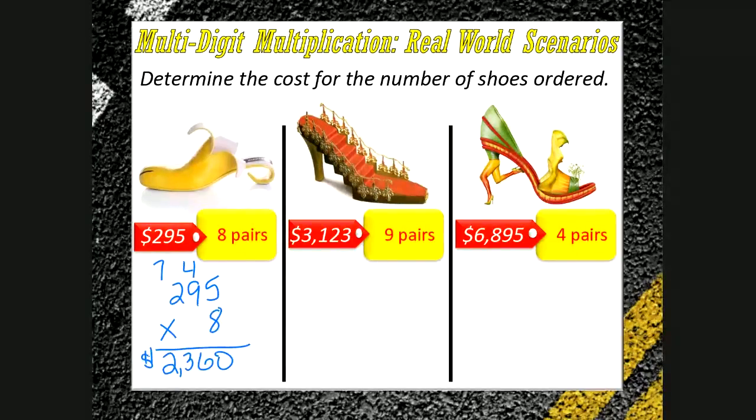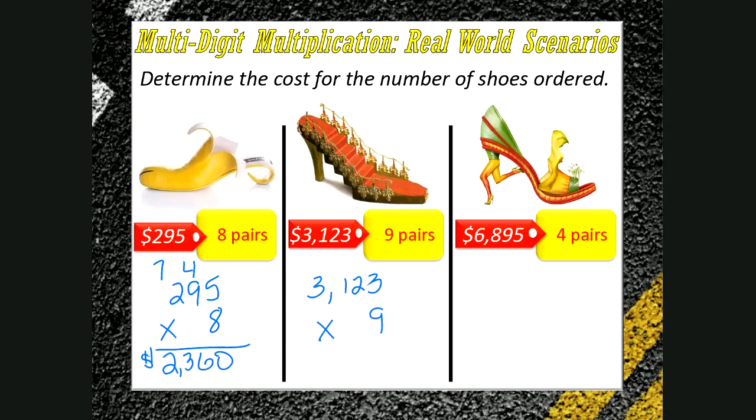Okay, so let's take a look at the next pair of shoes that we are going to pay $3,123 for. That's a lot of money for a pair of shoes. And we need 9 pairs.